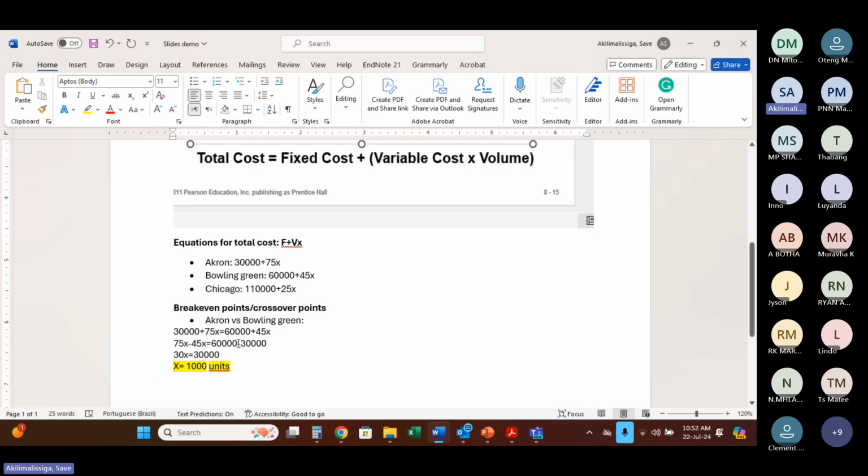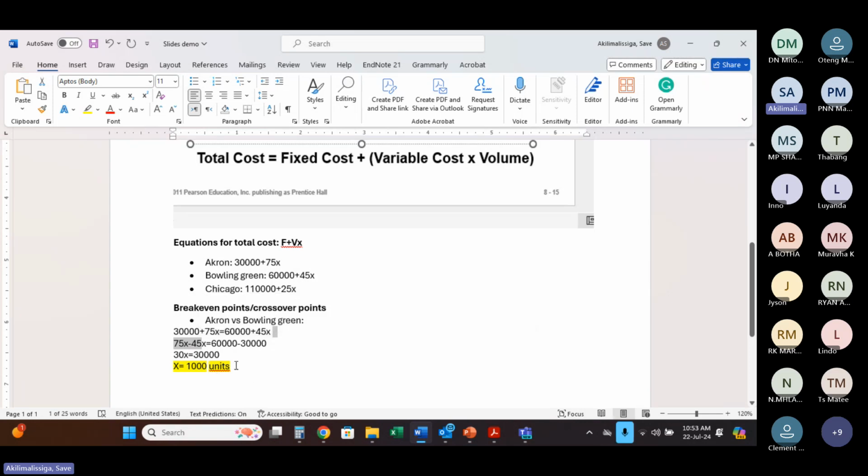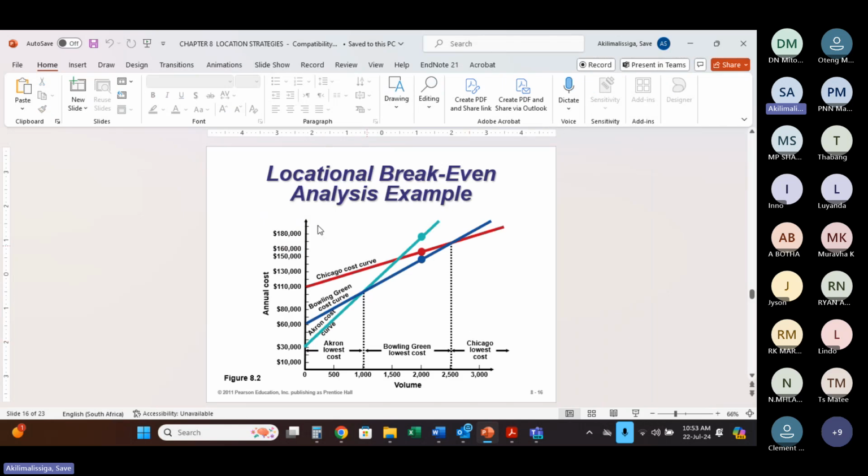What you also need to understand is that when you are calculating the crossover point, the first value that you calculate from the equation is in units, the volume. Once you find this, remember on this graph we have the x-axis and the y-axis.